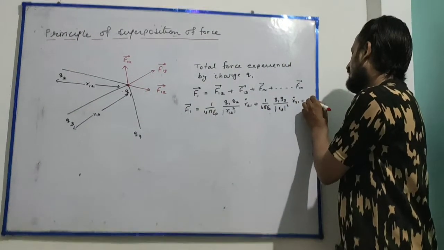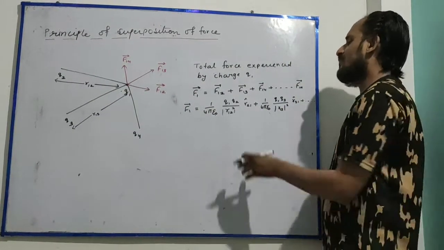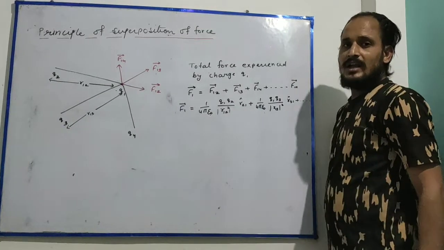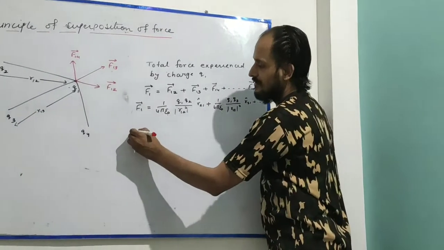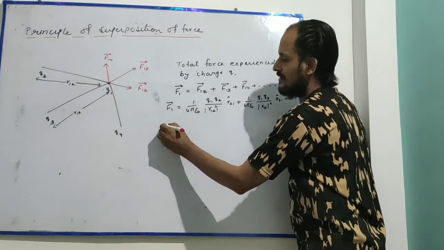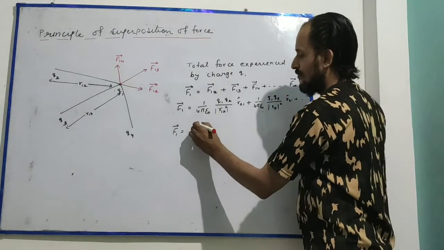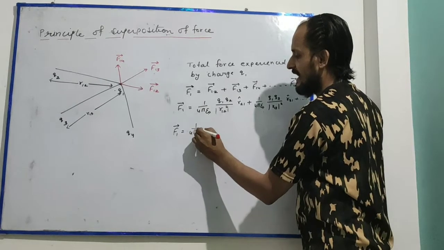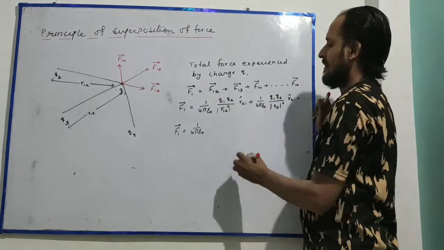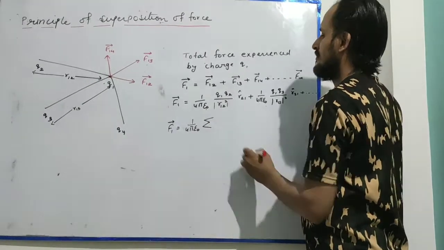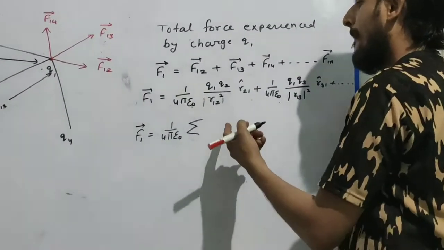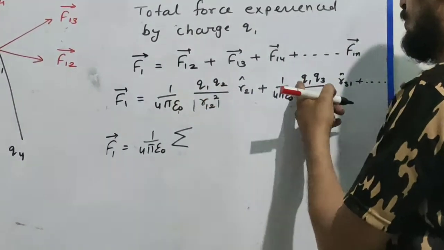Plus so on. Now if you want to write it in terms of summation, F1 vector is equal to 1 upon 4 pi epsilon naught, summation of Q1 Q2, Q1 Q3.